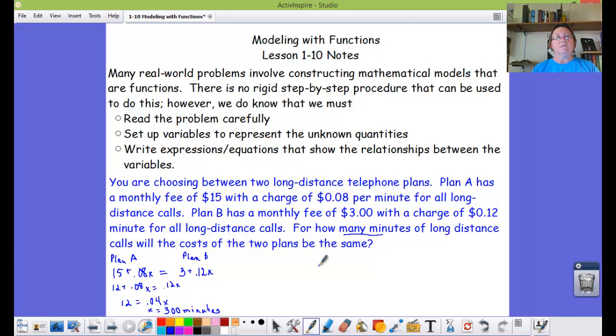The question was a complete sentence. Our answer should also be a complete sentence.